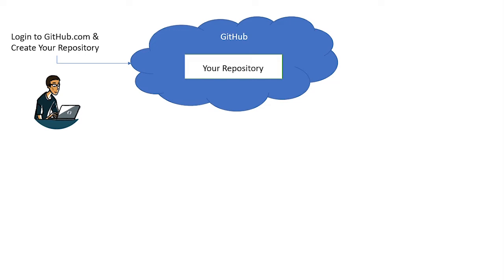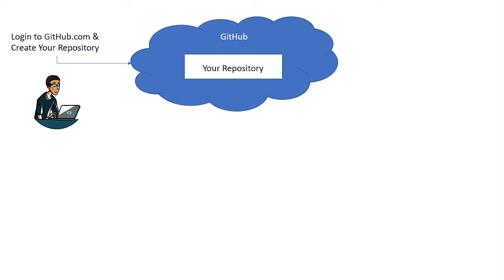So you can create your own repository in GitHub if you have a valid account. And the repository that you're going to create over here in the github.com is called as remote repository because it exists in the server, and the server is always remote, which is not your local machine. So that's the reason we call this as a remote repository.